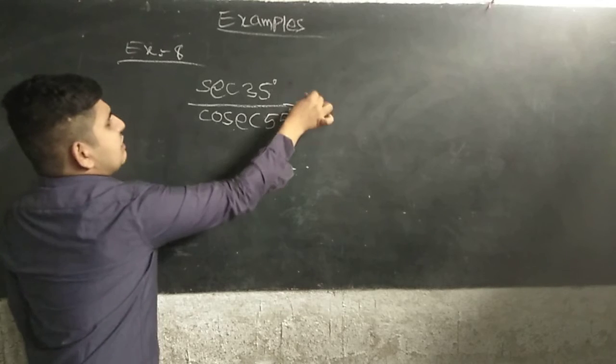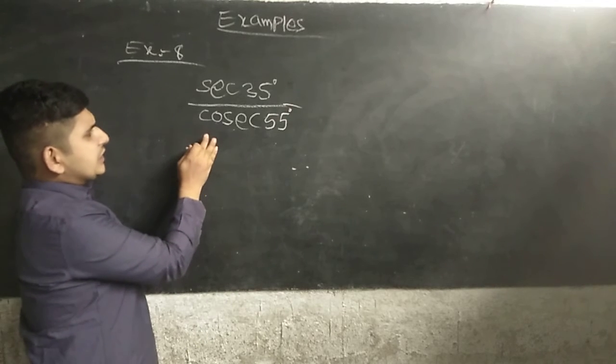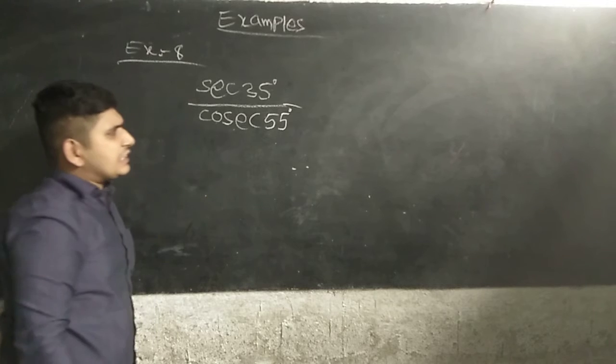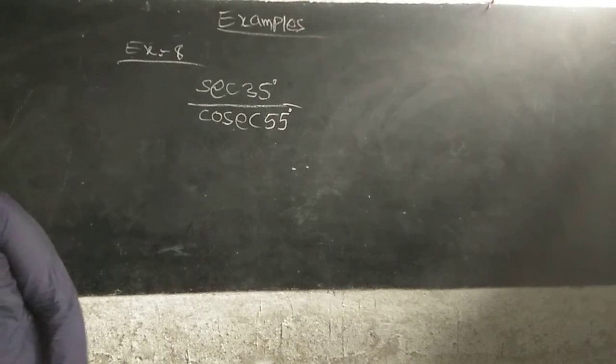Now we have to find the value of this given fraction, sec 35 degrees by cosec 55 degrees.